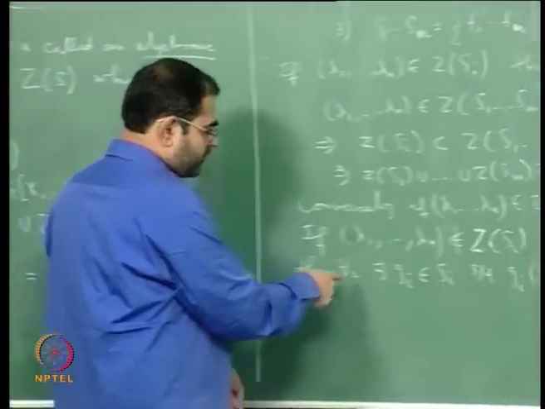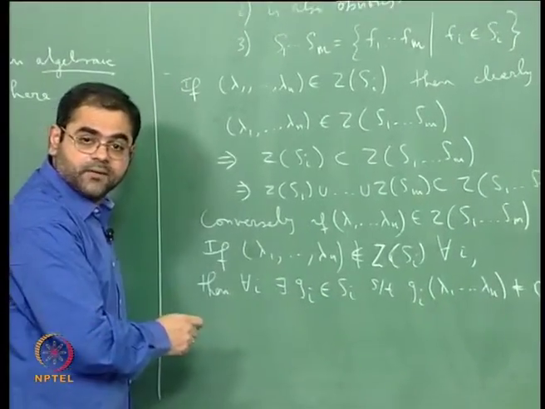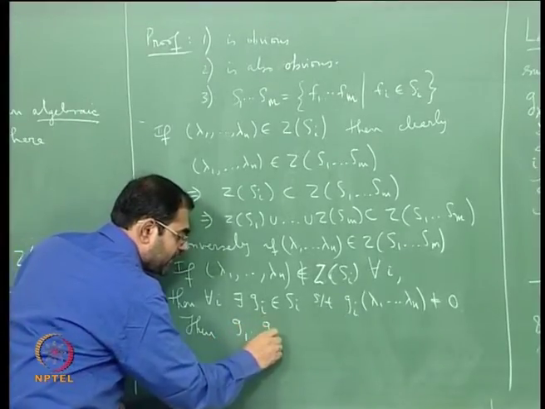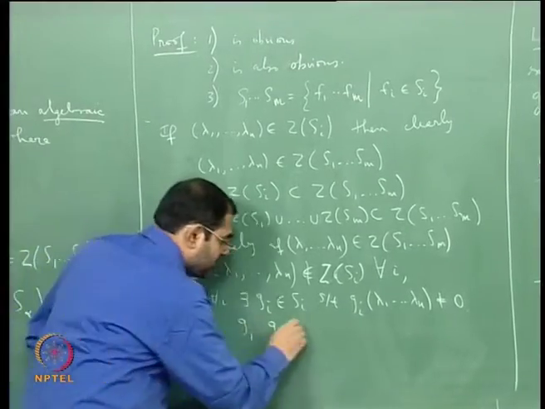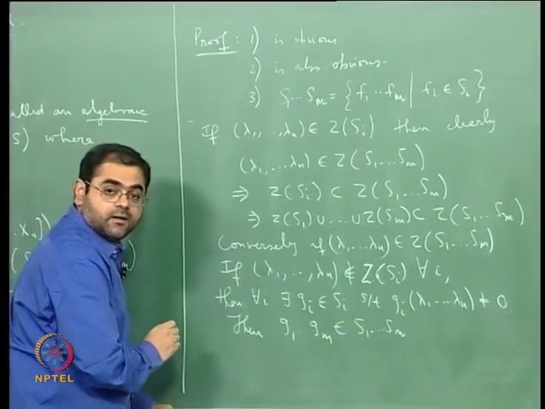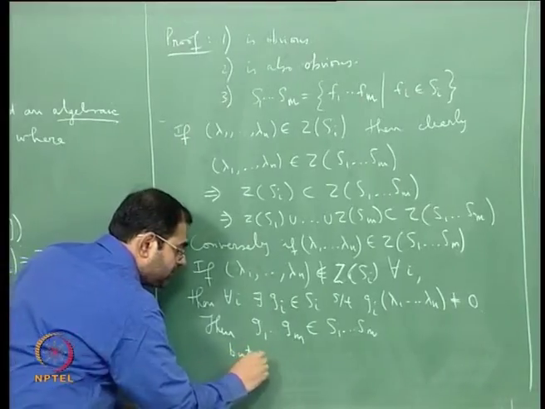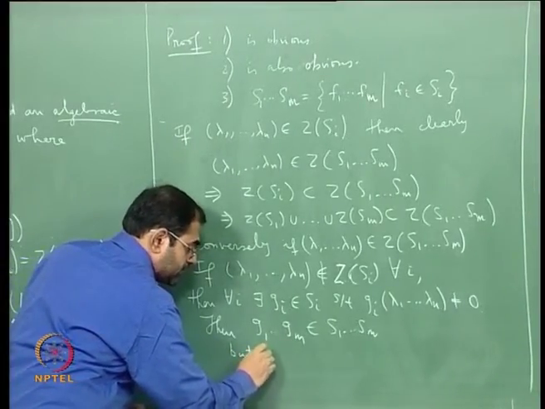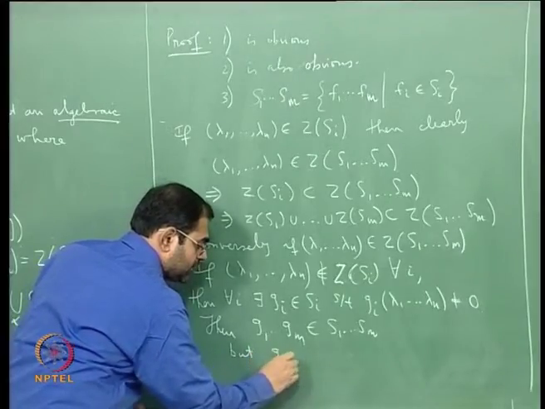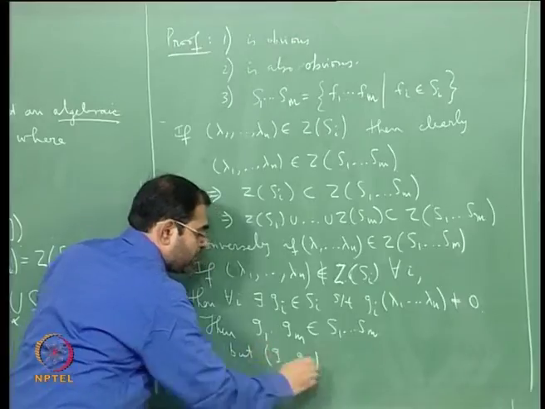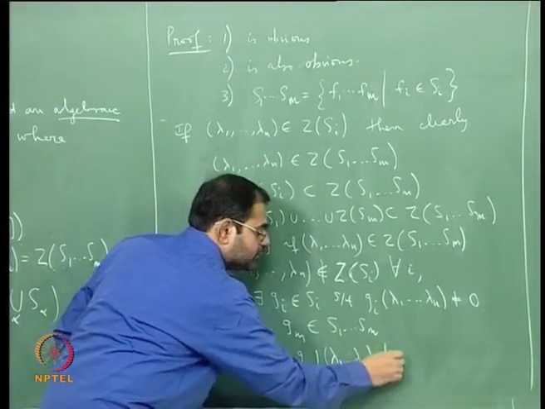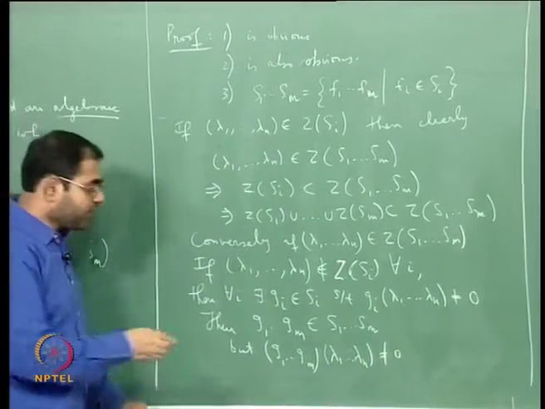So I can do this for every Si. Then if you take the product g1 etc up to gm, this belongs to S1 etc up to Sm, but if I evaluate g1 etc gm on lambda 1 etc lambda n, it is not 0, a contradiction.